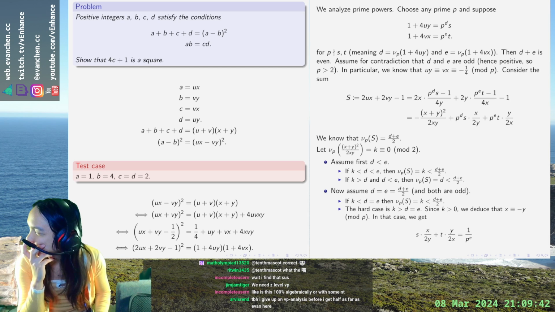What I was trying to do is add these two equations. I really need these two rightmost terms to add, because if this thing plus this thing doesn't stack, I think I'm screwed.